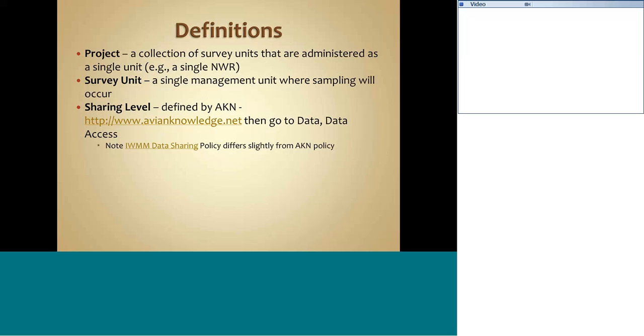Then the survey unit is the actual unit where you do observations, where you're doing your bird counts, vegetation counts, and then the sharing level, that's a definition provided to us by the Avian Knowledge Network. If you want more information, we have information on the IWMM website. You can also go to the Avian Knowledge Network and look at how our sharing levels differ slightly from the AKN sharing levels.